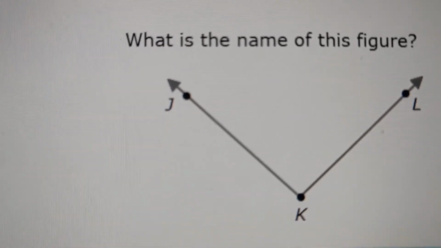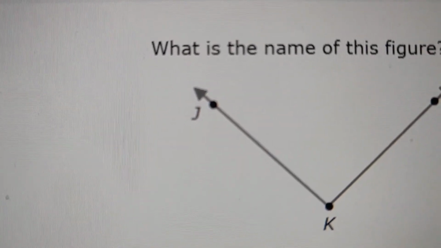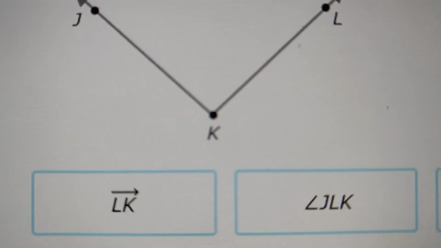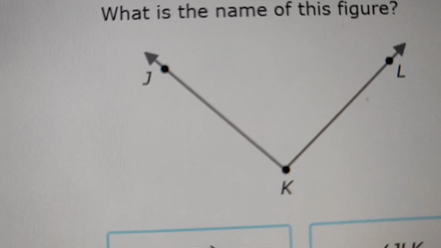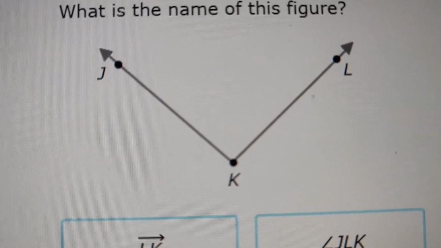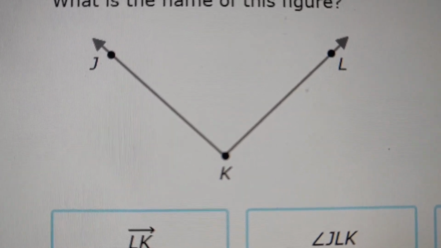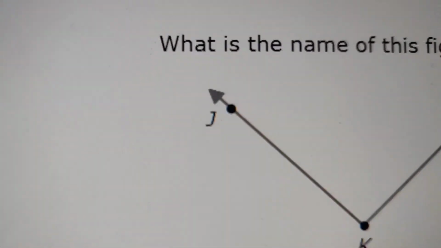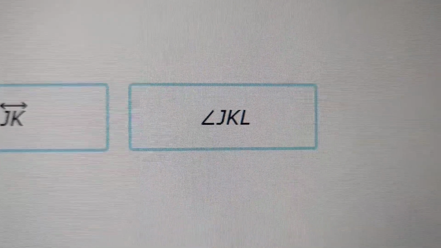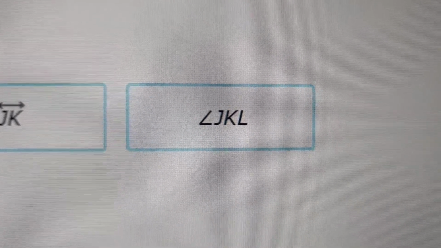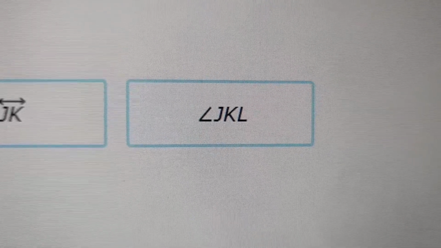We actually have to go in order from one side to the other, so it either has to go JKL or LKJ, and since of those 2 choices, the only choice that's there is JKL, then angle JKL is the correct answer.